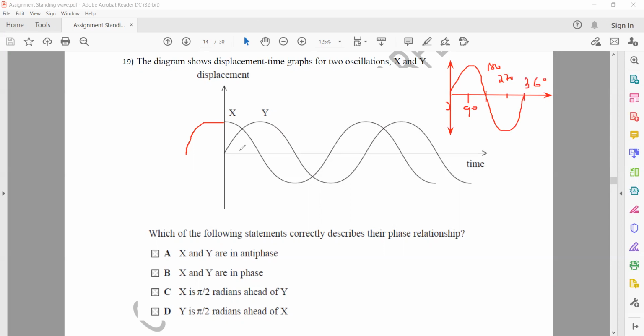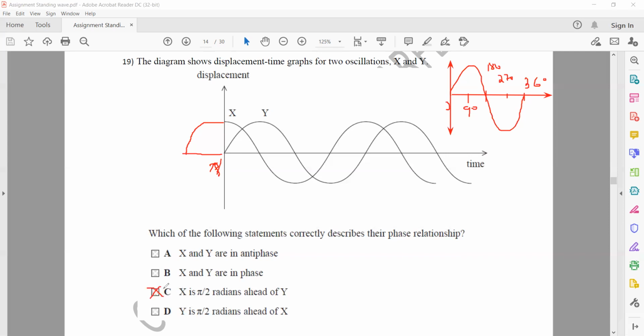So x has already completed 90 degrees or pi by 2 radian. That is already completed by x. So it means x is ahead. So x is pi by 2 radians ahead of y.